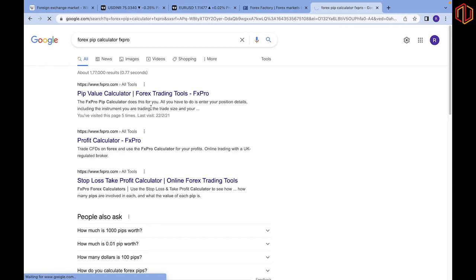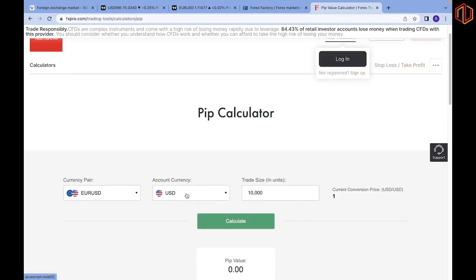Once you come here, it gives you the currency pair. Just disable all this, and it's asking what account currency you want. So always make this USD. For Euro USD, for $100,000, 1 pip value is equal to $10.